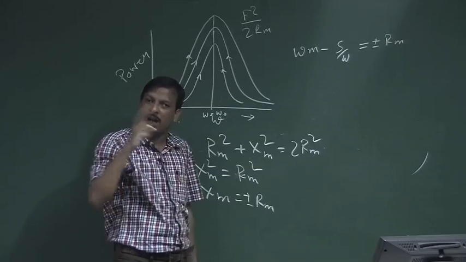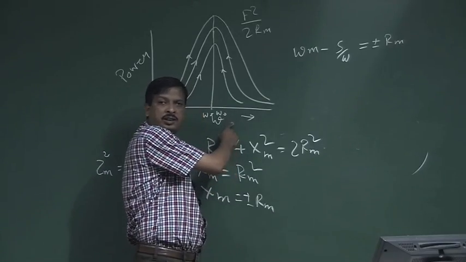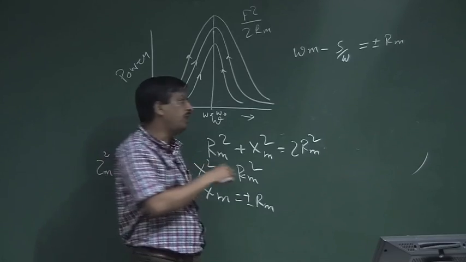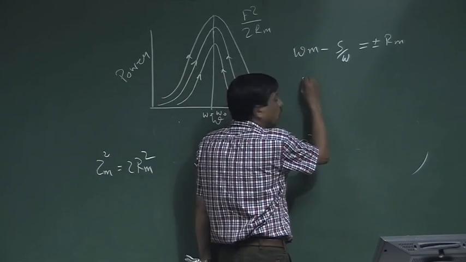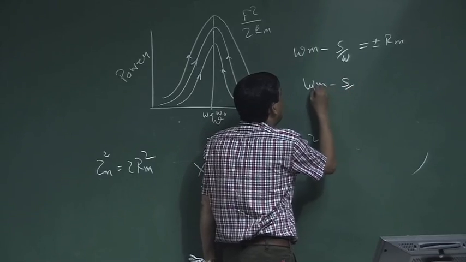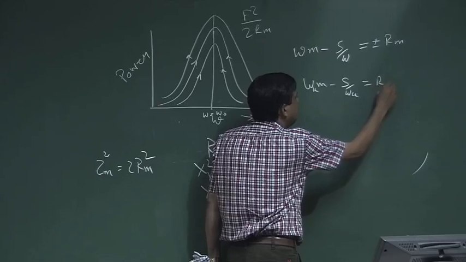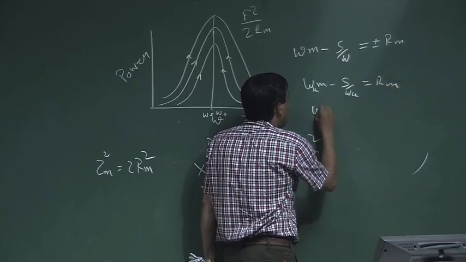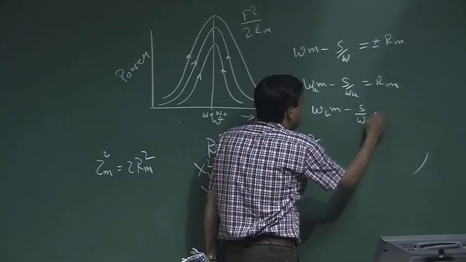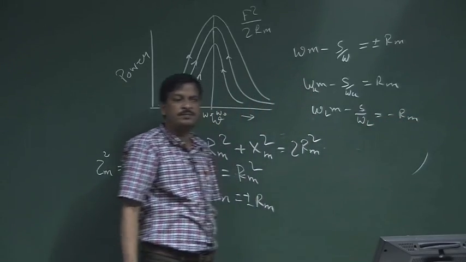So, Xm is plus Rm and Xm is minus Rm. At the upper frequency the value will be high, at the lower frequency the value will be low. So, in that case, omega u m minus S by omega u is equal to plus Rm, and omega L m minus S by omega L is equal to minus Rm.